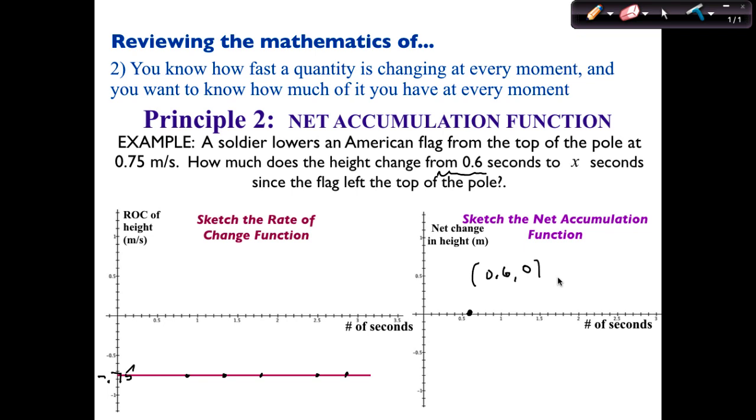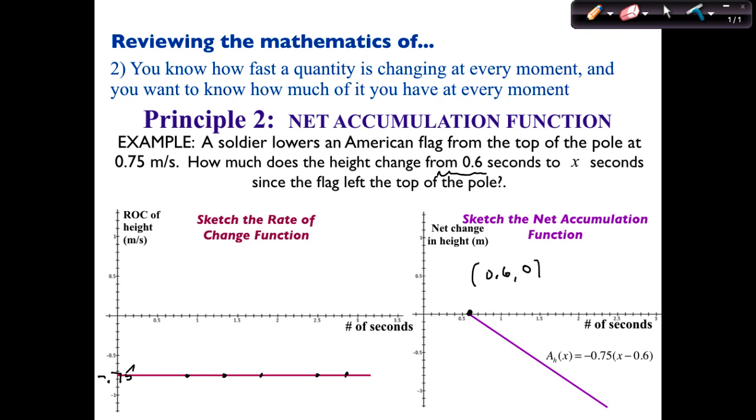Because there's been no change in height since 0.6 seconds. And then what's this function going to do? What's it going to look like? Draw it with your finger. So I saw this. Is it going to go up, exhibit A, or down, exhibit B? Changes in height will be negative, right? Because our rate of change is negative. So this net accumulation function will look like that. That's the negative 0.75 times the x minus 0.6.